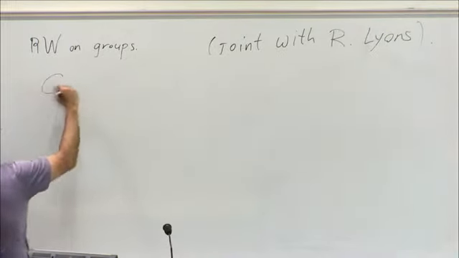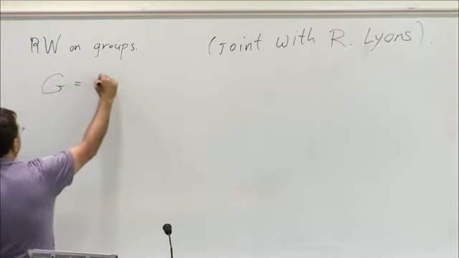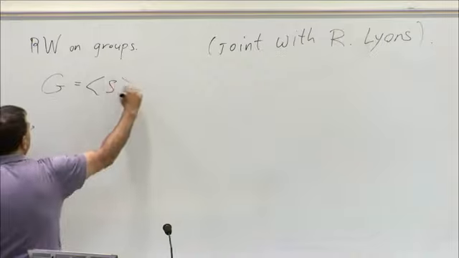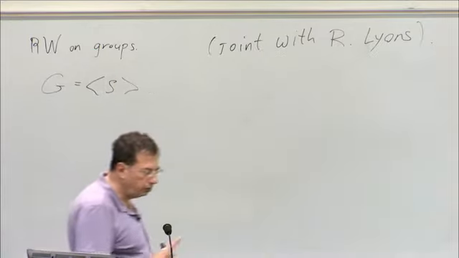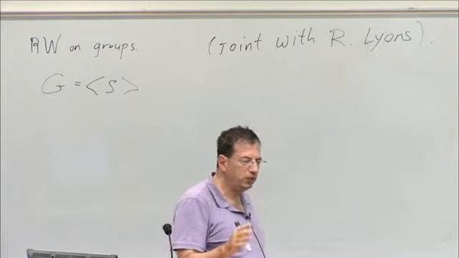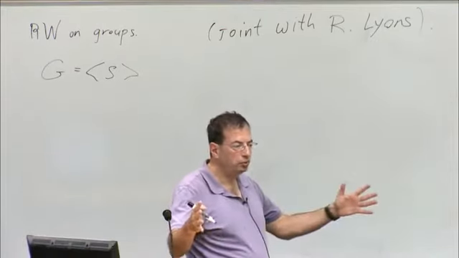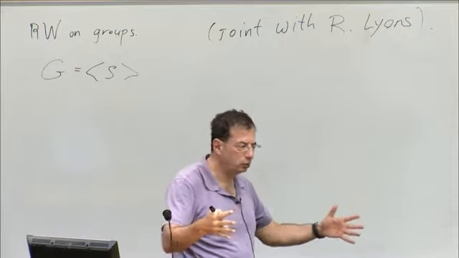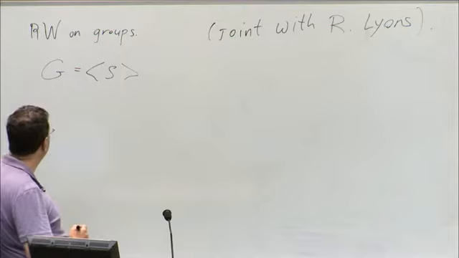So the basic setting is we have a group G, which is finitely generated by some set of generators S. For the purpose of this talk, really three types of group will be enough: the usual lattice Z^d, free groups or trees, and the lamplighter groups. But there is a much more general theory.